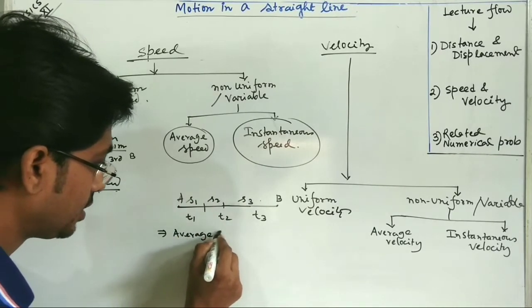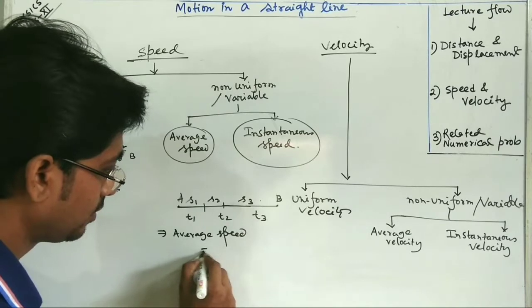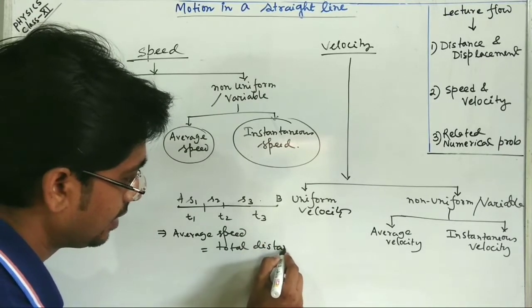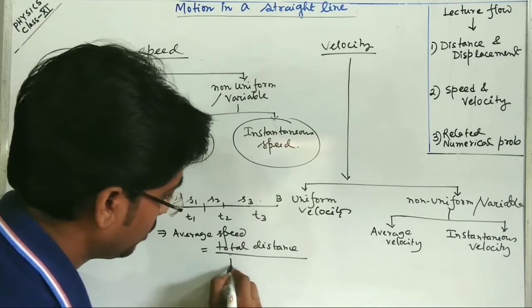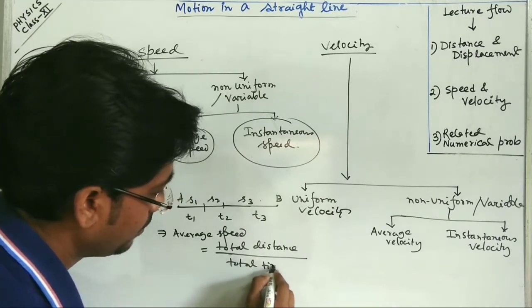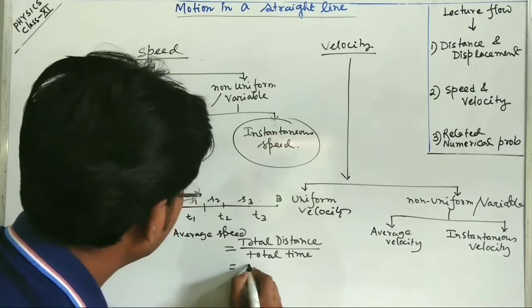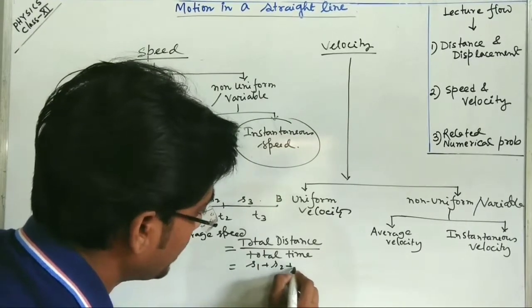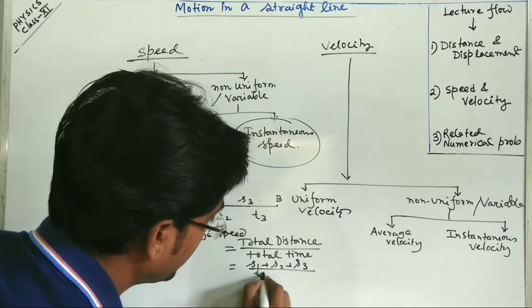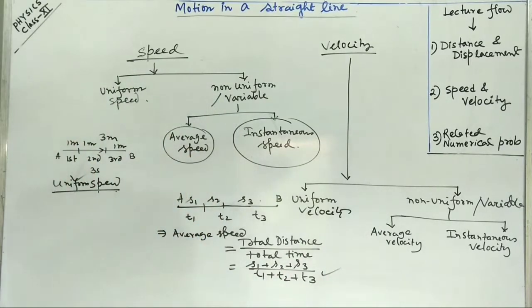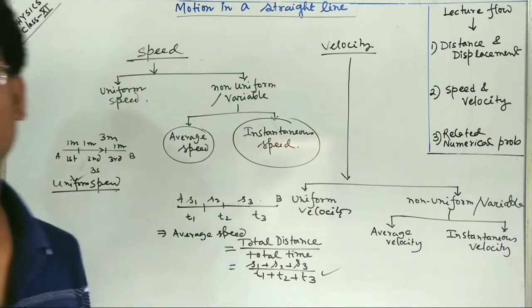Average speed will be total distance traveled by total time taken. Yes, it will be S1 plus S2 plus S3 by total time T1 plus T2 plus T3. Then you can calculate the average speed.